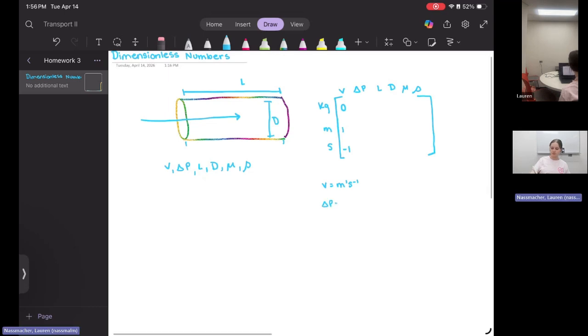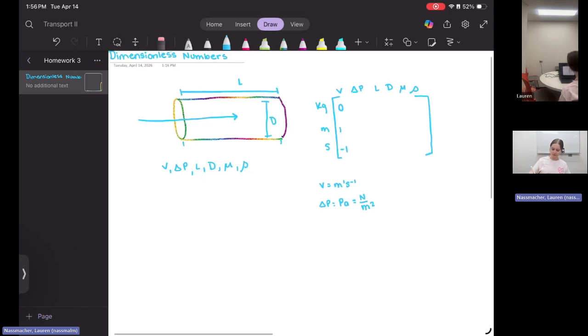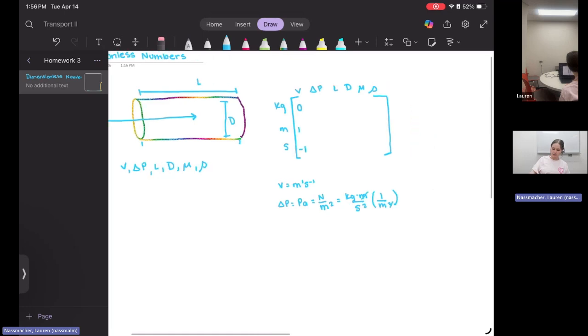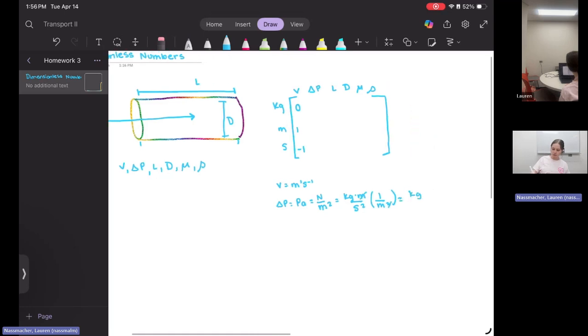Our change in pressure is in pascals. And pascals are in units, newtons per meters squared. Newtons are also in units, and those units are kilograms, meters, seconds squared. If you multiply that by our 1 over meters squared and cancel out the units that are necessary, you get kilograms per second squared meters.